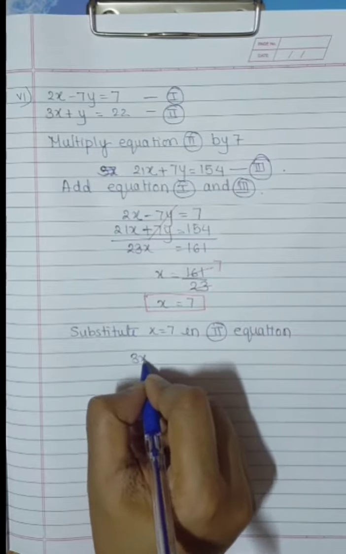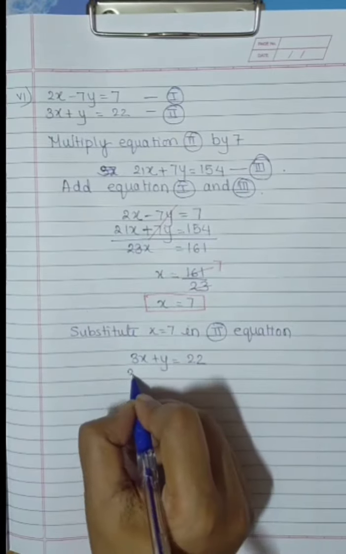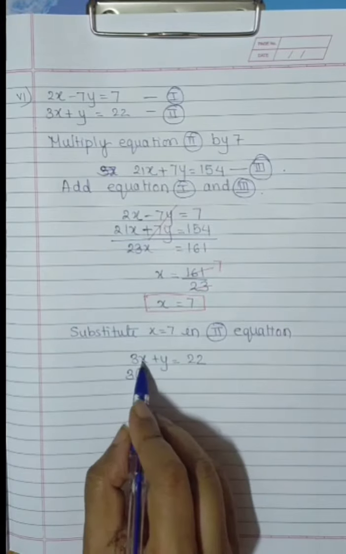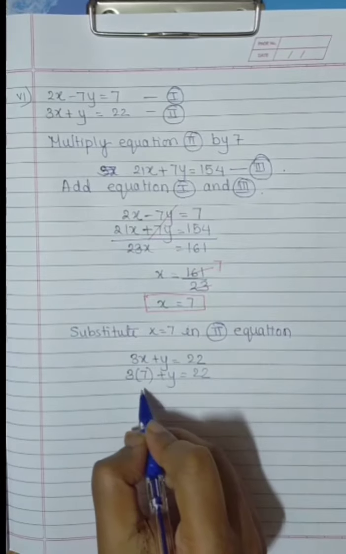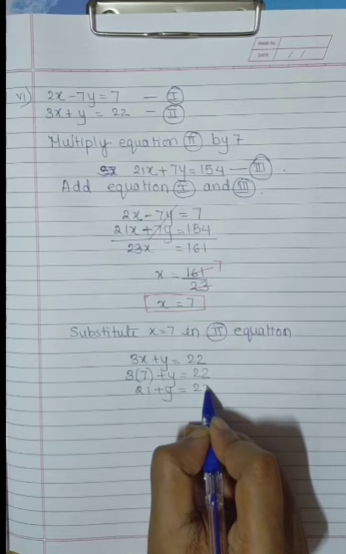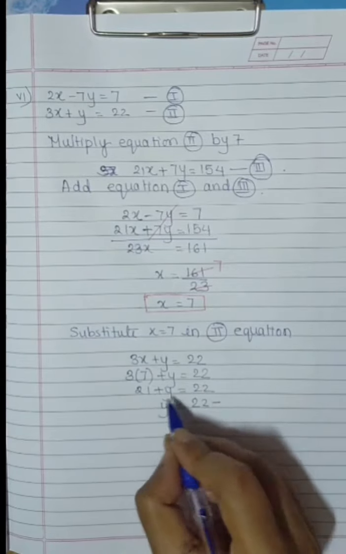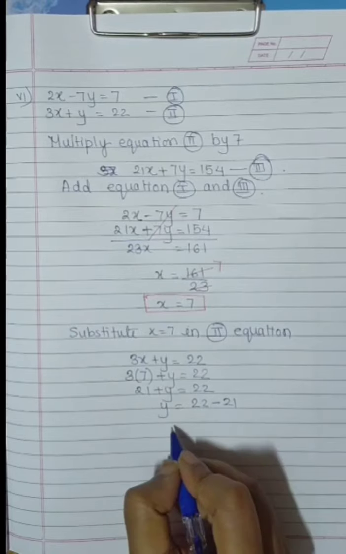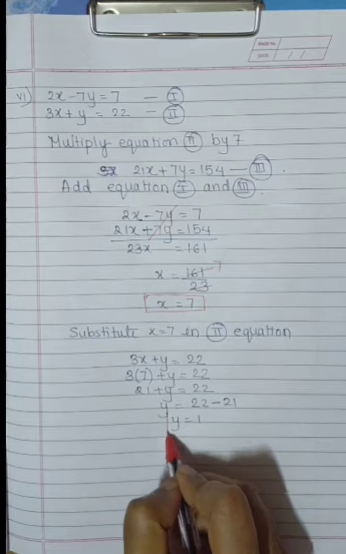So 3x plus y equal to 22. In the place of x we write 7: 3 times 7 plus y equal to 22. Now 3 sevens are 21 plus y equal to 22. Now y is equal to 22 minus 21. y is equal to 1. We got the value of y as 1.